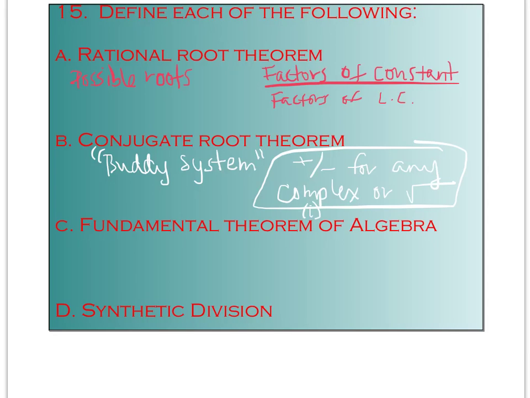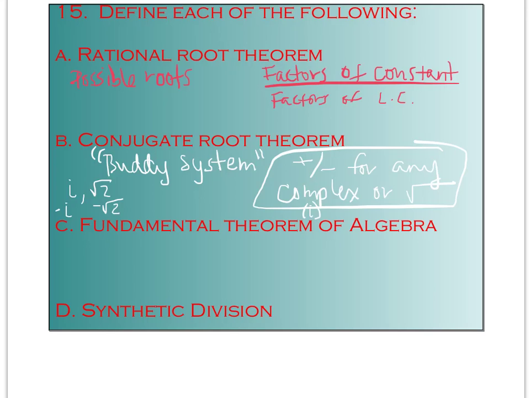One last thing with the conjugate root theorem is, let's say you have, let me do a quick example. Let's say you have i and radical 2. Those are two given roots. So you also know that negative i and negative radical 2 are roots. That means you have 4 different answers there. So what is the degree of the polynomial?